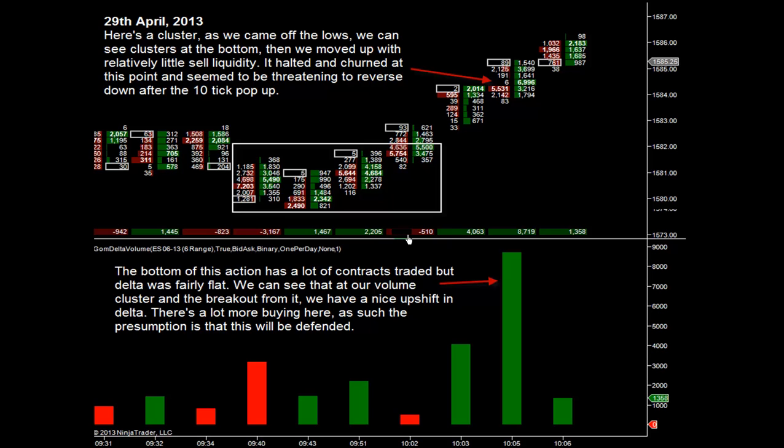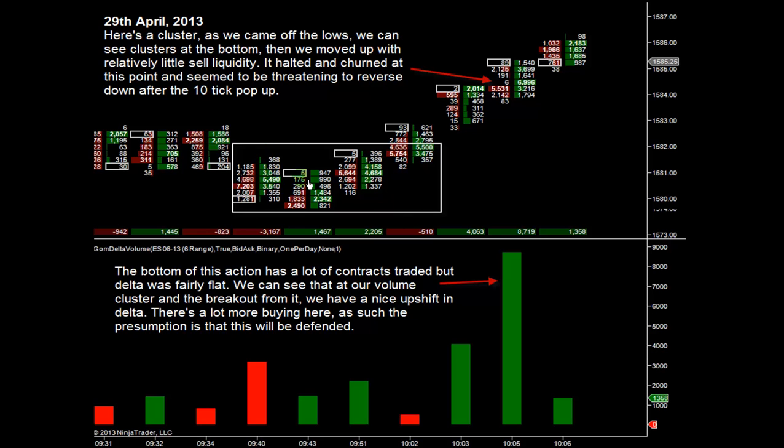So if you were watching the delta for clues as to what was going on, it wouldn't really be giving you much of a clue. The delta actually only starts building as we move away from the low, and that's where the delta starts giving us some confirmation in terms of a bias, a long bias. But otherwise, looking at the delta, you really wouldn't have a clue that exceptional volume had traded in this area.